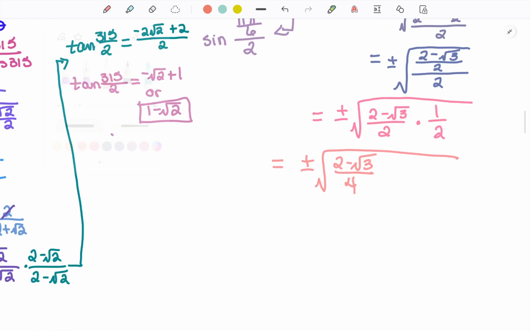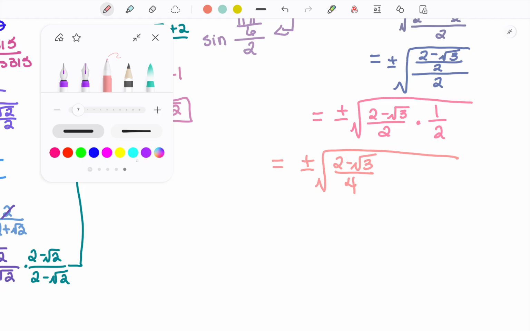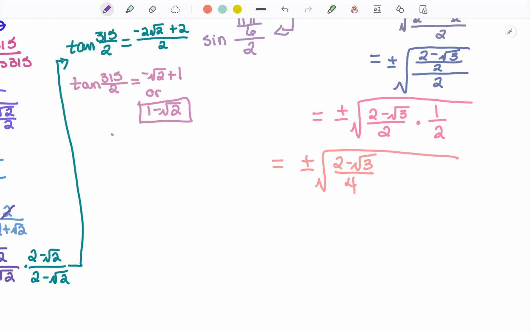Now technically we can't have that radical in the denominator. So this is going to be the square root of 2 minus the square root of 3 on top, over 2, because the square root of 4 is 2. And then we have to pick a sign.